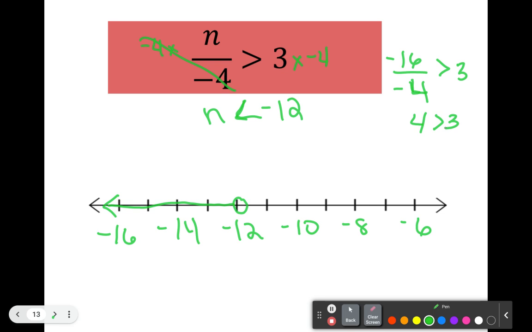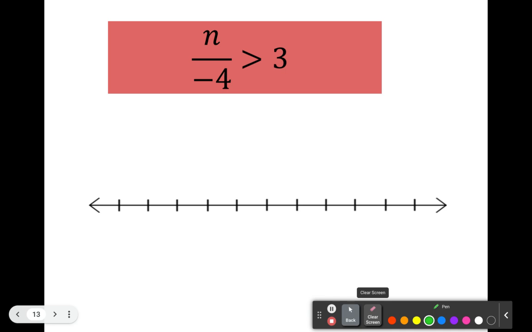But if I were to plug in positive 16 divided by -4, remember I had to flip the sign later, and I put it back. So 16 divided by -4 is going to give you a -4. That is not greater than 3. So that is the reason why we have to flip our sign.